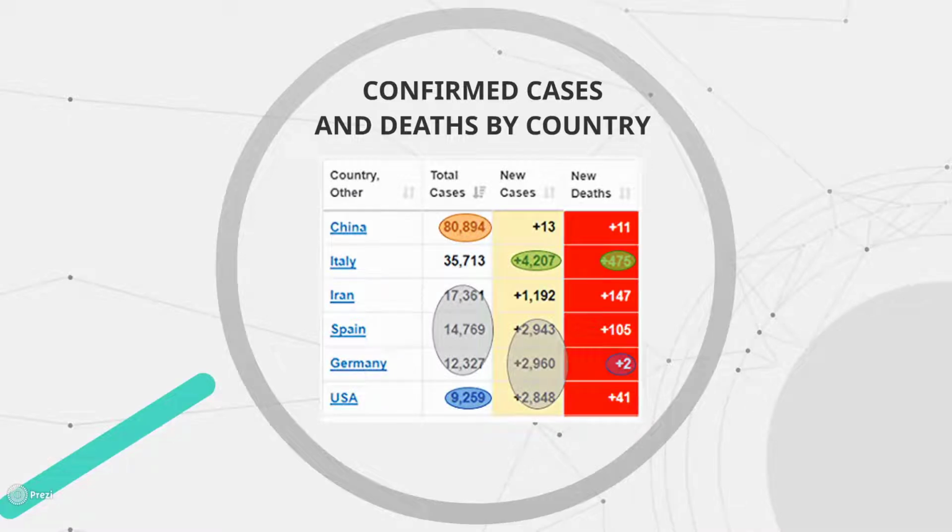For this table, I group China and Italy into one group, into one paragraph, because China had the biggest number of total cases all over the world, and Italy had the biggest total cases outside of China. So I chose to put these 2 countries into one group.